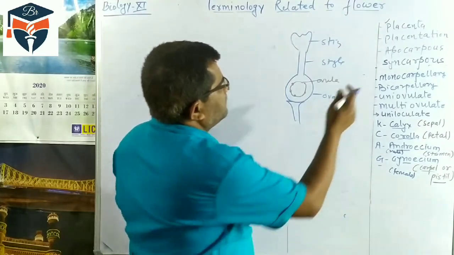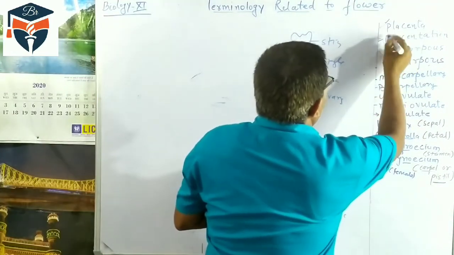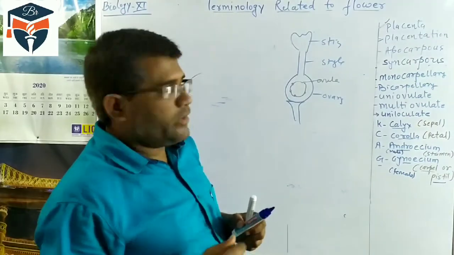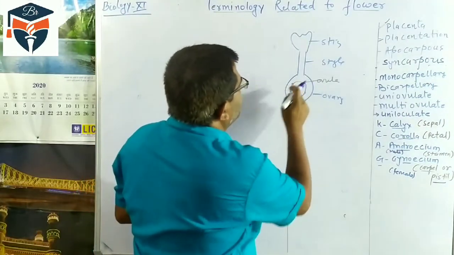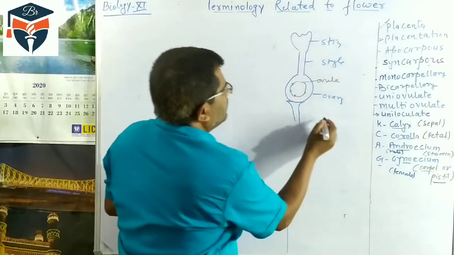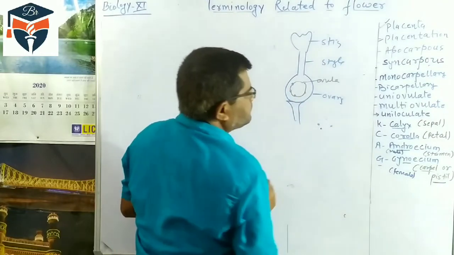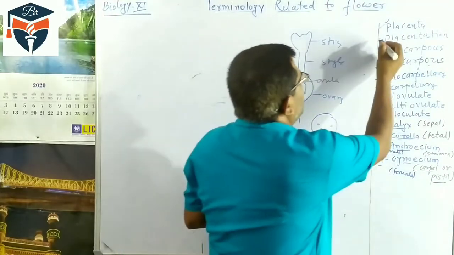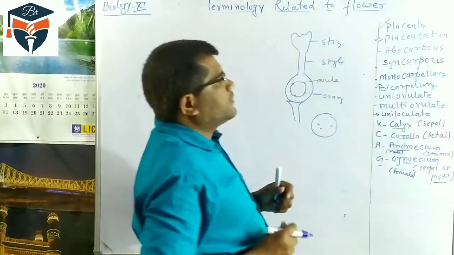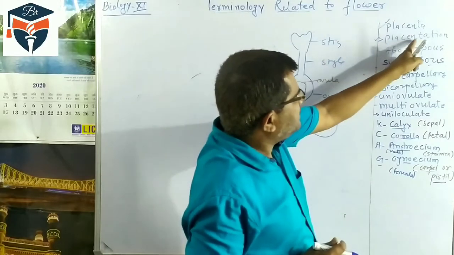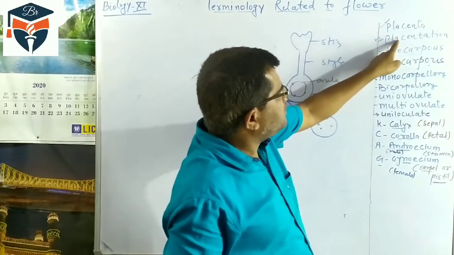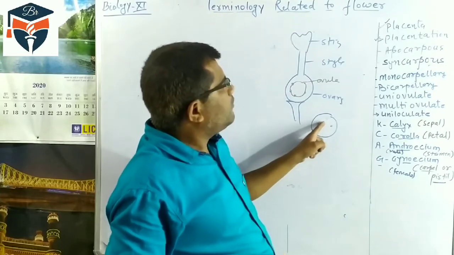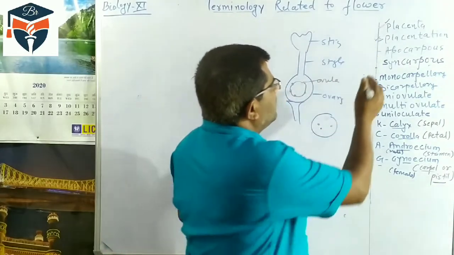Another is placentation. Placentation is the arrangement of ovules in the ovary. How are these ovules arranged in the body? These ovules are 4, but they are arranged together. So the arrangement of the ovules is called placentation.